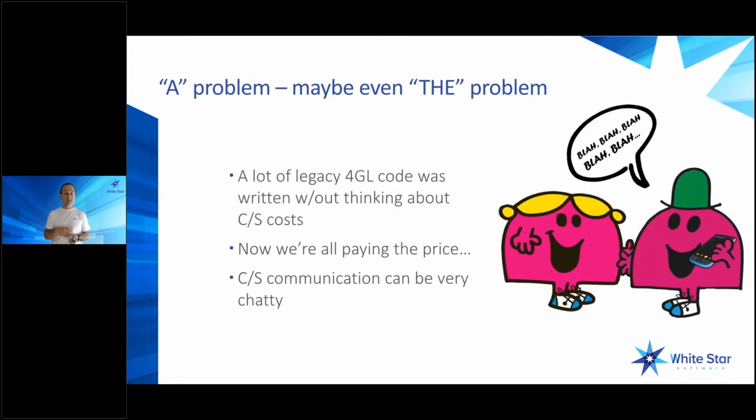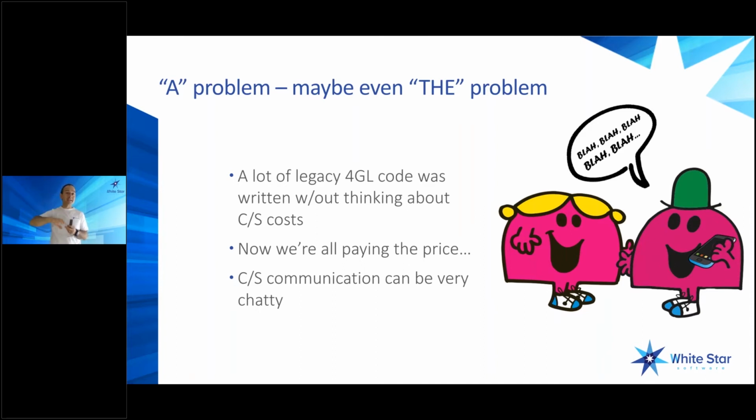Pretty basic. So what's the problem with client server communication? The first problem is that a lot of code out there is legacy 4GL code, and it wasn't written with client server costs in mind. It was written with the thought that the record is right there in memory. You can grab the whole record, pick out the fields that you want, and you're done, and everyone's happy.